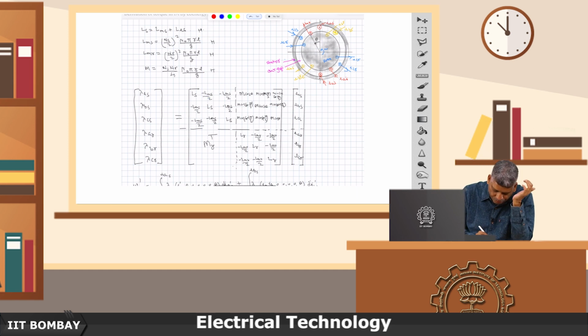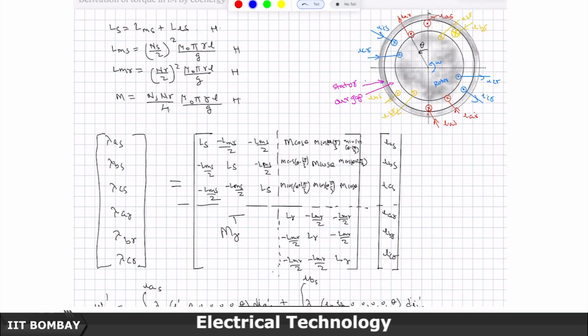So, the A phase flux linkage associated with the stator winding will be, first, the contribution due to its own self inductance. The second term here is minus of LMS by 2, which is the mutual inductance between the A phase and the B phase winding of the stator times the current in the B phase of the stator winding. Then the mutual inductance between, this is MAC, the A phase and the C phase of the stator winding, which is the same by the 120 degree symmetry of the geometry.